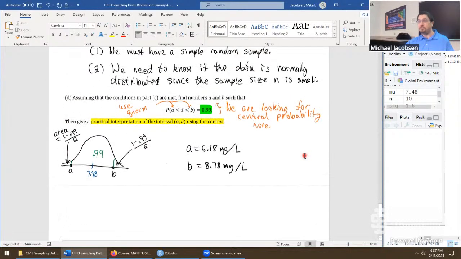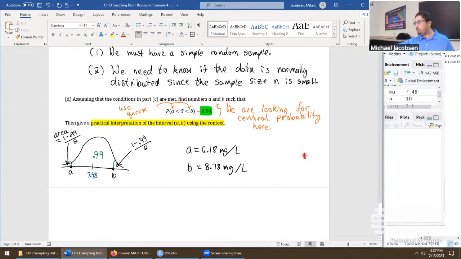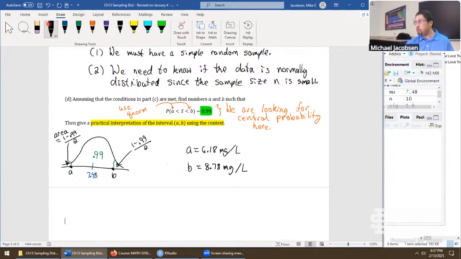Okay, now for the practical interpretation next. Let's say here, just to organize what's going on, if you came back to these notes, this continues. If we're going to give a practical interpretation to any probability statement, they all can go basically the same sort of way.